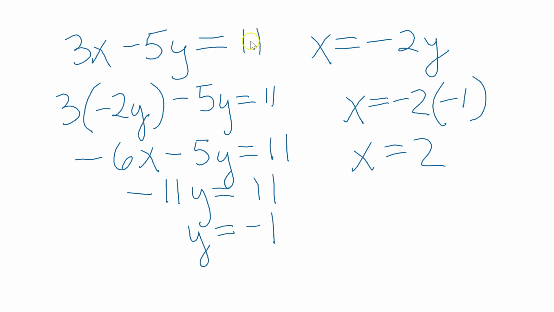This is in standard form, and here we've solved this equation for x. But we're going to take this x value, negative 2y, and put it where the x is, which is what I've done. So I'm multiplying through here. I get a negative 6x. That should be a y there. Pardon me. I'll change that.